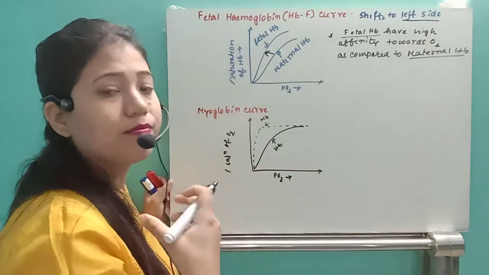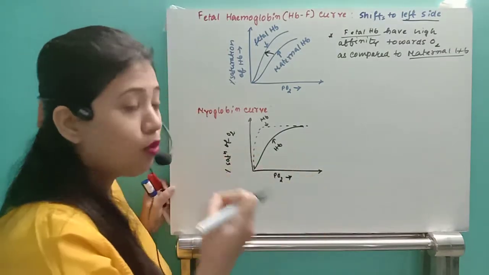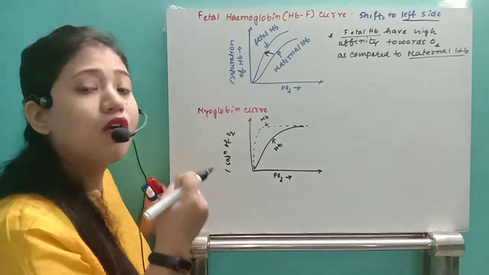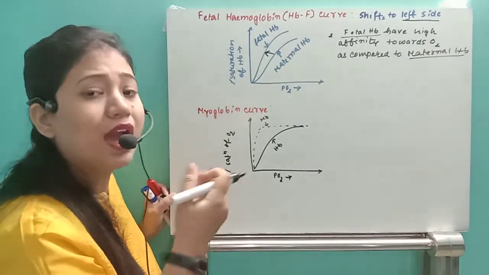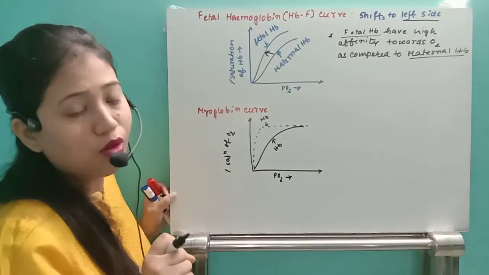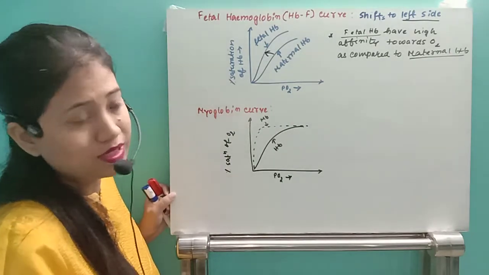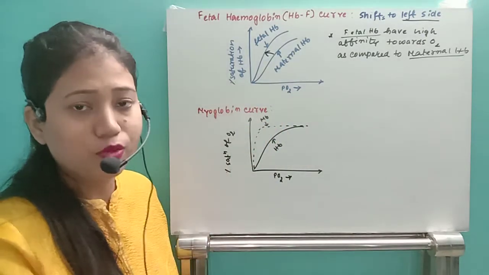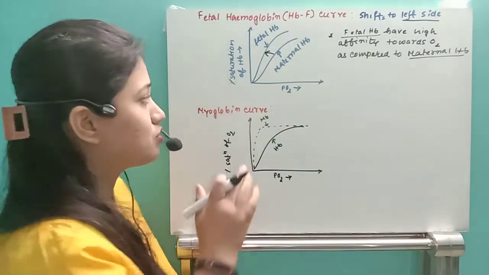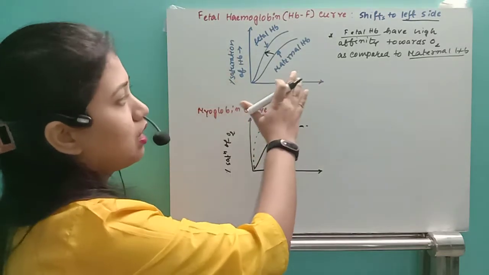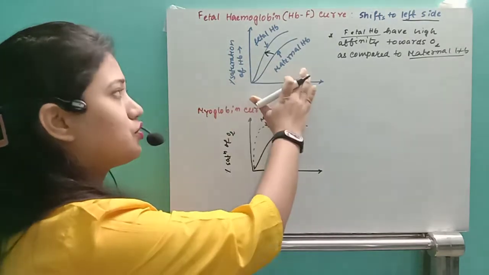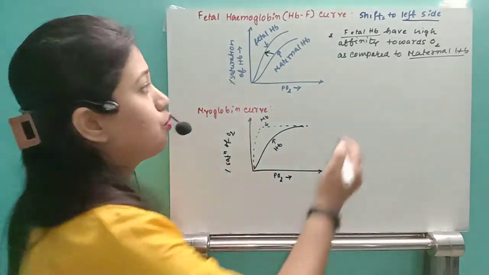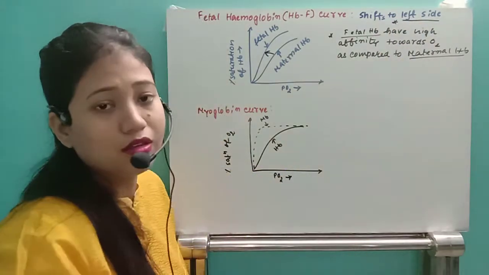Why does the fetal hemoglobin bind with oxygen in a stronger manner than the maternal hemoglobin? Because at the placenta the fetal hemoglobin has to trap the oxygen molecule from the maternal hemoglobin side. So if you plot it in a graph, the oxygen hemoglobin dissociation curve, for the maternal side it is normal, and for the fetal side it will shift to the left.